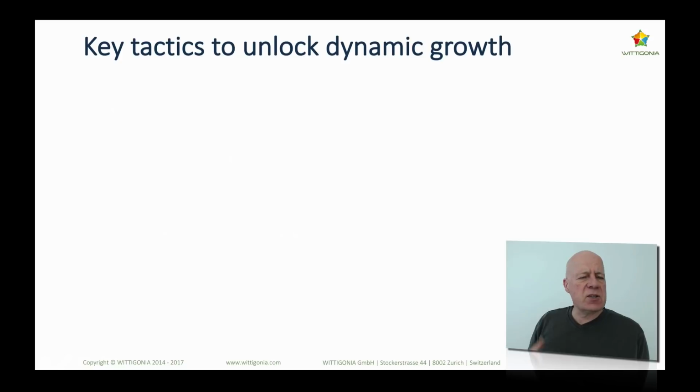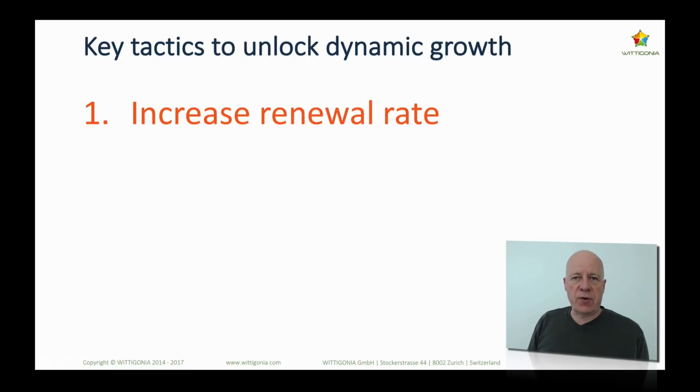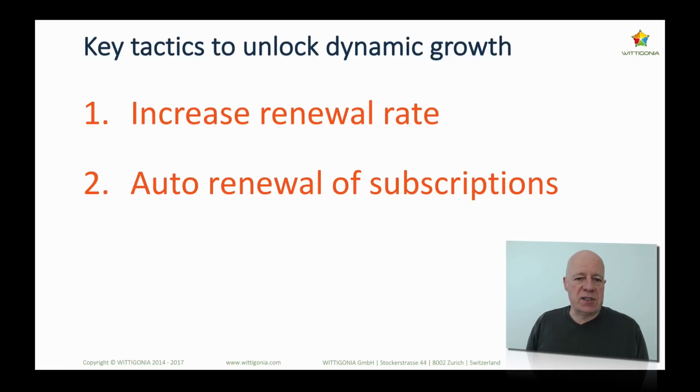So the question is, of course, what can we do in such a scenario, which is not too uncommon. Actually, a lot of companies are struggling with this phenomenon. And so, first of all, the key strategies that I would like to talk about is one is to increase the renewal rate, and we'll see what the implications are here.